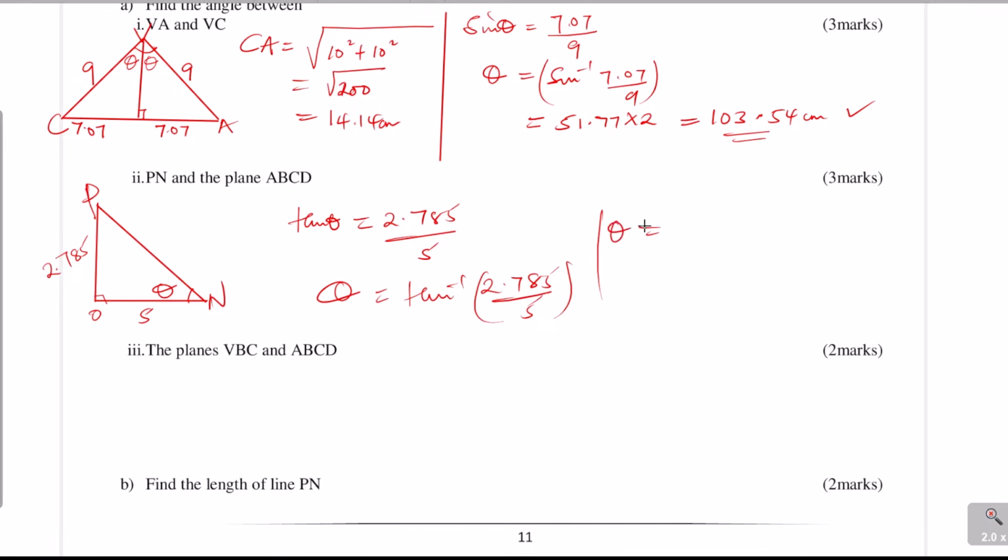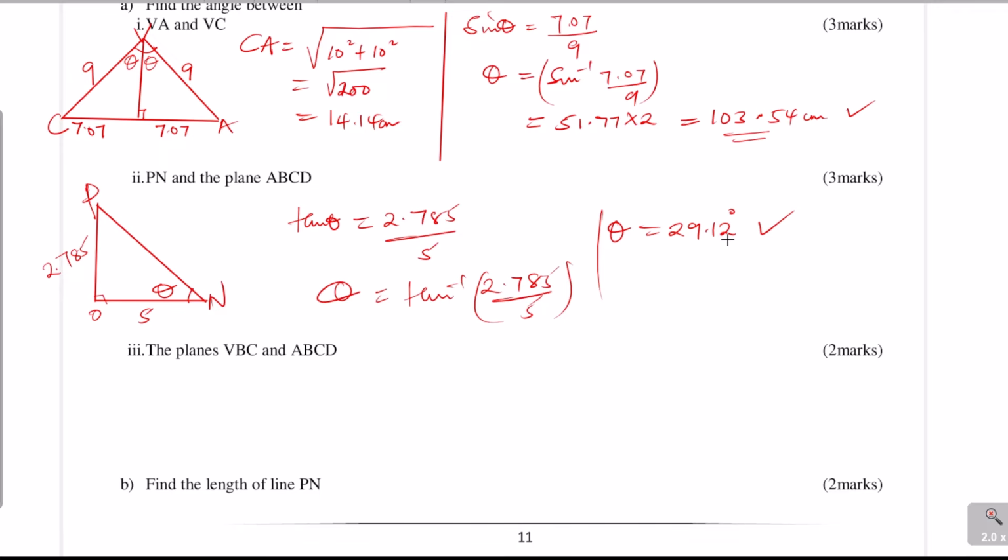You simply get the tan inverse of 2.785 divided by 5. So you get the angle is 29.12 degrees. So that is how you solve that part.